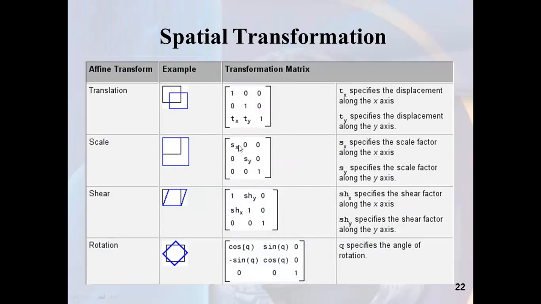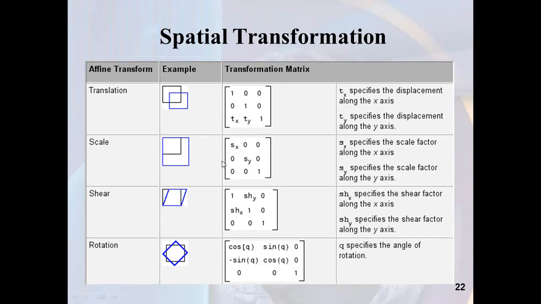If sx is greater than 1, it means we increase the size of the image. If sx is less than 1, it means we reduce the size of the image. So for example, if I want 2 times the size of the image, I can take sx equal 2. If I want to reduce it to a third, I can take sy equal 1/3.